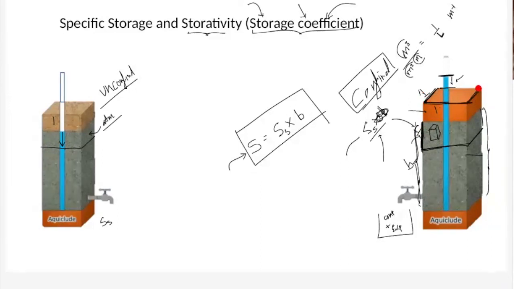Anything below this unit area will be considered, right? So storage coefficient will be, understand, volume of water released per unit area of aquifer per unit drop in head.